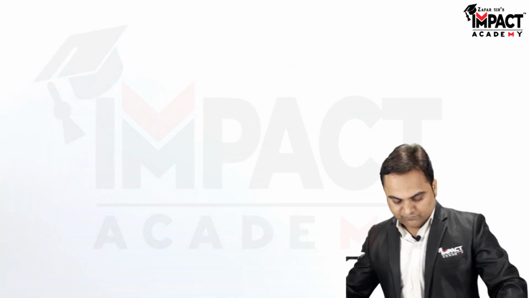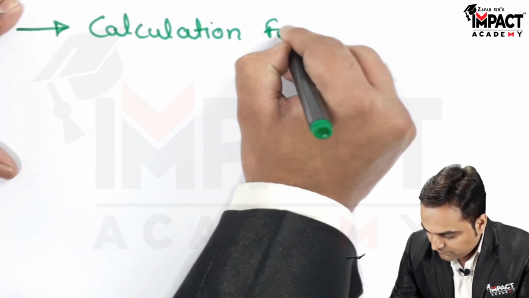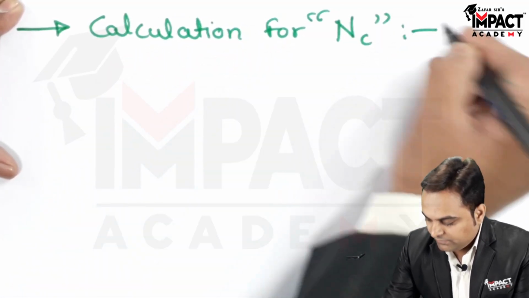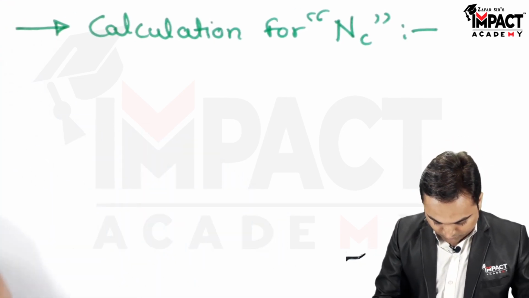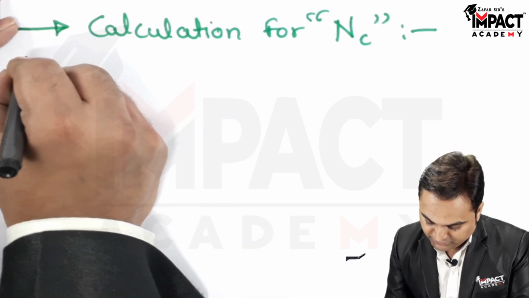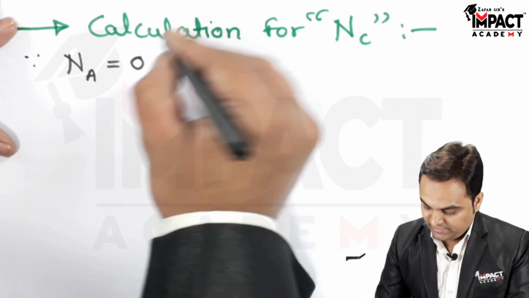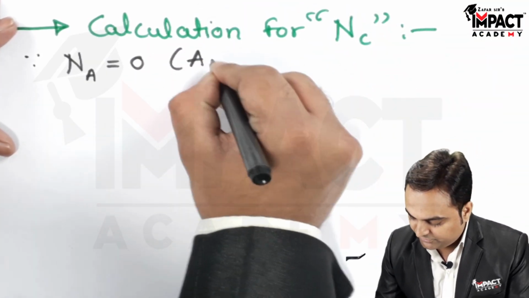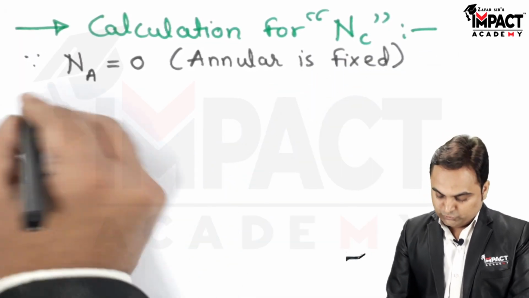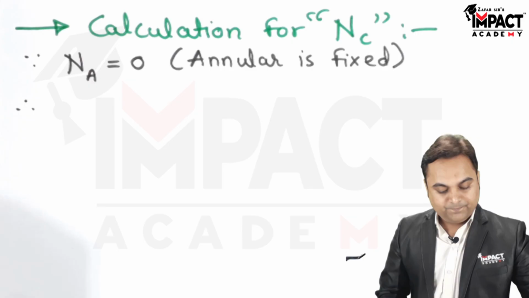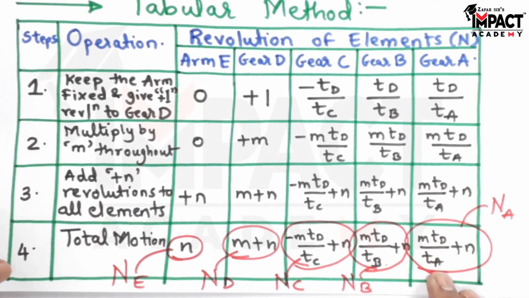So the next calculation would be calculation for speed of gear C, and for that the condition is that speed of gear A or the annular is equal to 0, and why it is 0? Because the annular is fixed. So therefore from the final table we can say that gear A, its speed is m into TD upon TA plus n.